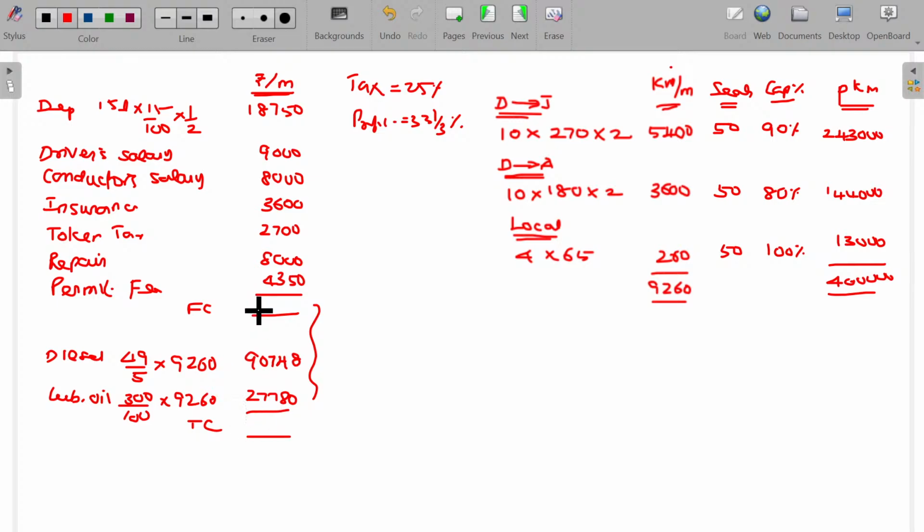This one is 58,900. Add up these two costs and get me the value: 1,77,428. Am I right? Total cost, variable and fixed cost, both added here, 58,900. Are you getting this value or not?